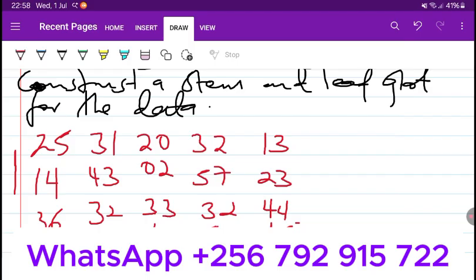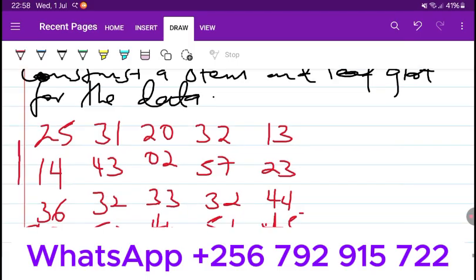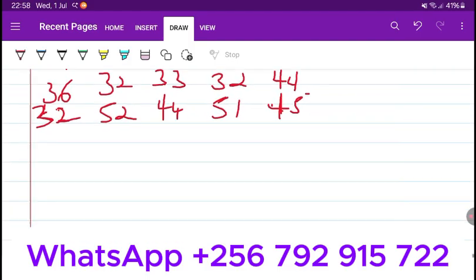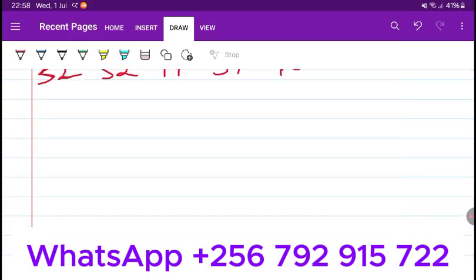So let's go ahead and look at the different steps that we saw. We go through those steps so that we can draw a stem and leaf. The first step, we said, we are going to arrange the data set in order.